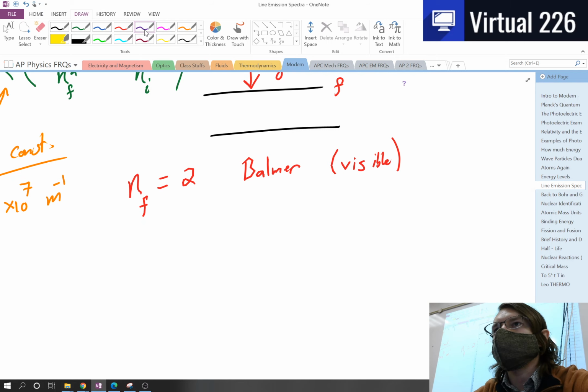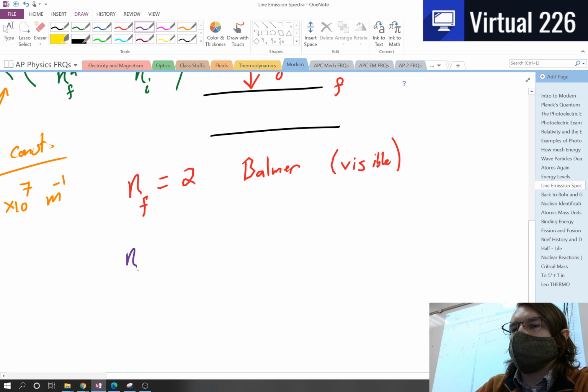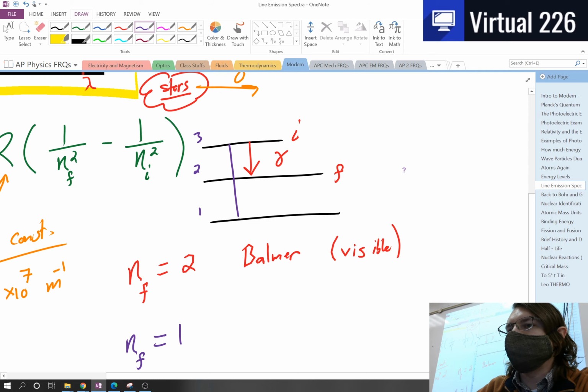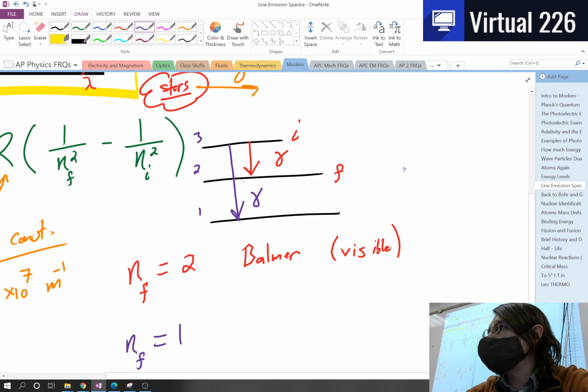However, I would like to have fancy lines named after me too. So, what do? I change NF to 1. Because now, I don't go from 3 to 2, I go from 3 to 1, the ground state. Different energy drop, different photon of light.